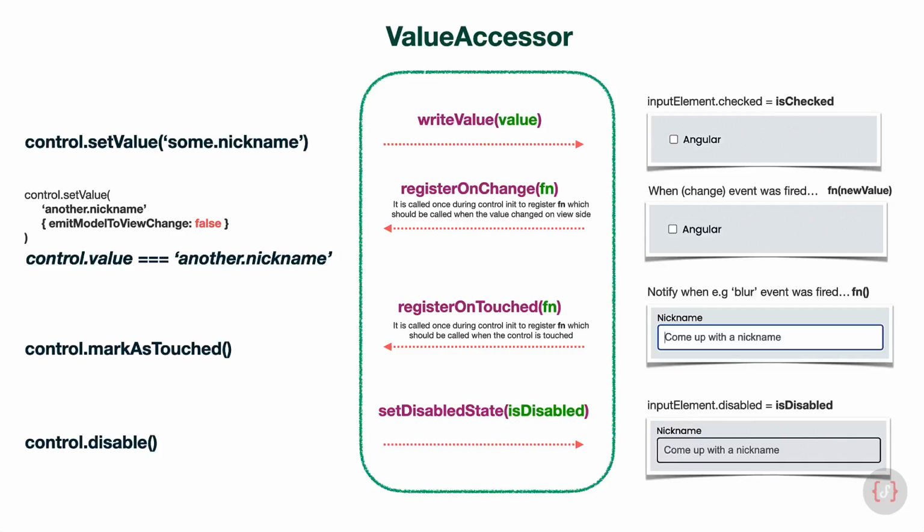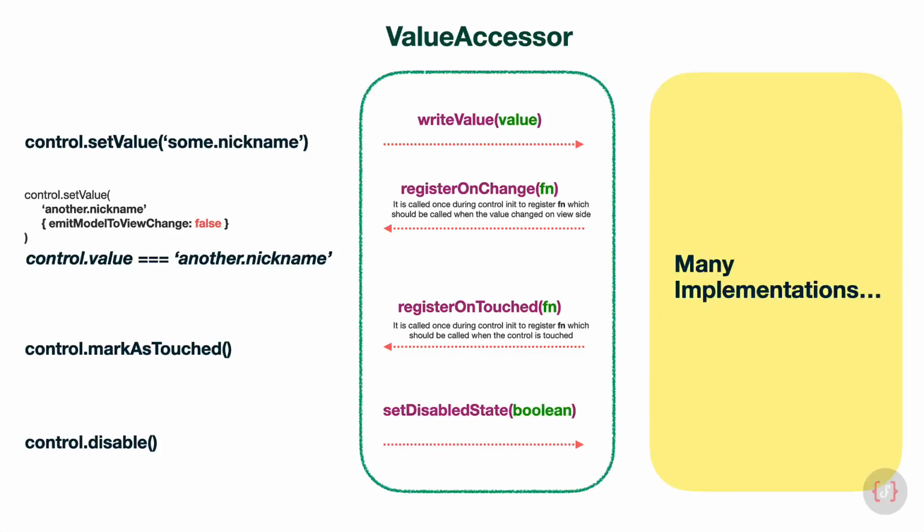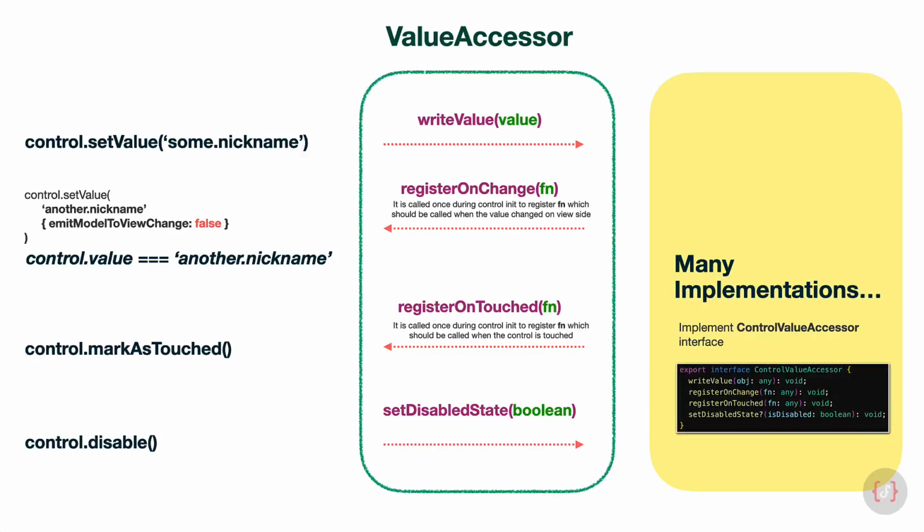But with value accessors, we can have an infinite number of implementations, which might be not necessarily an input, text area, or checkbox implementation, but it can be your own components that implement some unusual controls like rating pickers, different sliders, etc. The only thing that those value accessors should have in common is to implement an appropriate interface called ControlValueAccessor in order to be sure that all required methods are implemented properly.